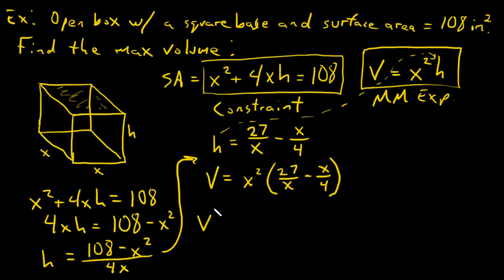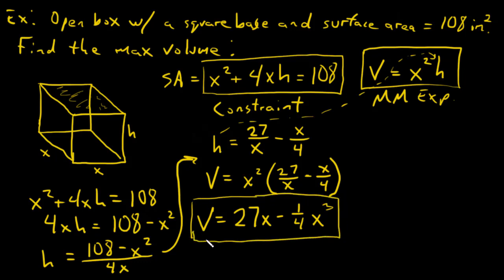I'm going to get V is equal to 27x minus, I'm going to move that 1/4 to the front just because it's going to make the derivative really easy, 1/4 x cubed. And this is now my constrained expression.